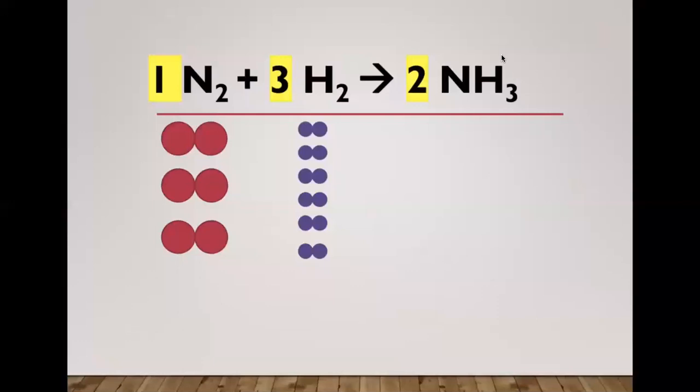So here is a pictorial description of limiting and excess. Looking at this, it may not be as obvious to see which one is going to be my limiting and which one's going to be an excess. I know the ratio is, I can have 1 nitrogen and 3 hydrogens to make one of my products. So we can look and see if I have 1 of that and 3 of that.